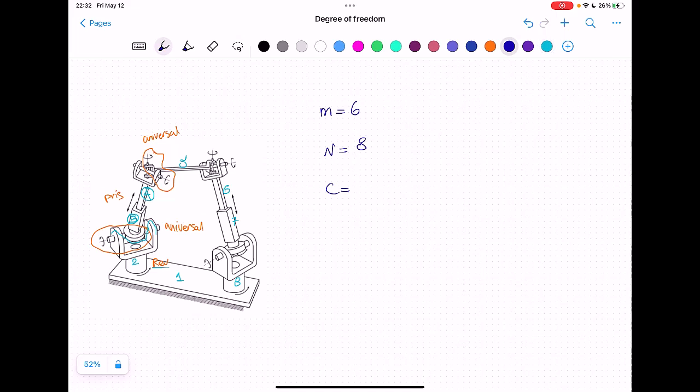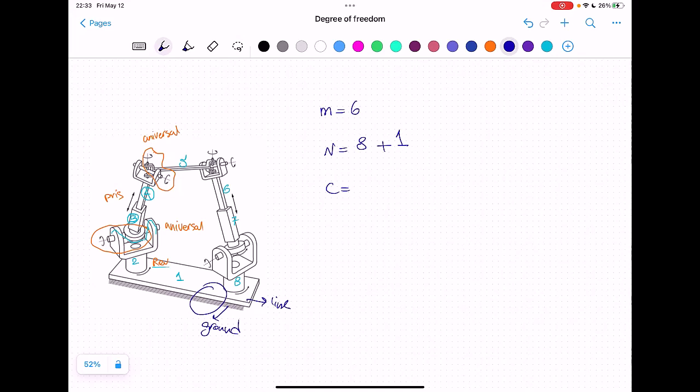Maybe you think that we should include a ground, and we should add 1 that represents our ground. But just for 1 second, look at here. This is our link. This is ground. But in this case, there is no identifiable joint connecting these links to the ground.